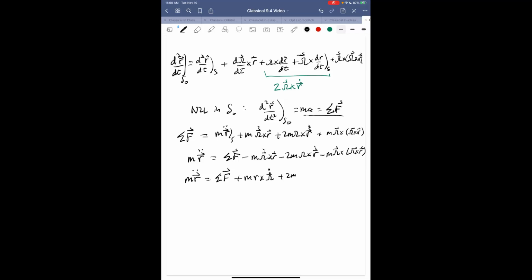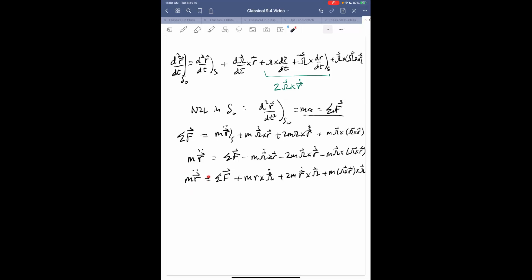So 2m r dot cross omega, plus m. Okay, now this one's tricky. What does it mean to exchange the order of these things? So it should be omega cross r crossed with omega. There we go. All right, so that's the result that we get.